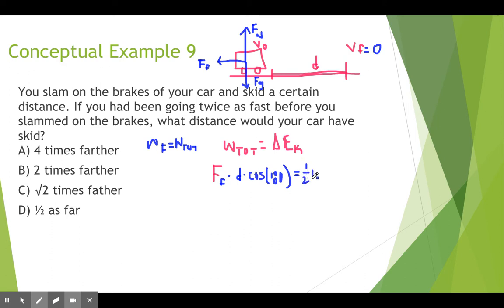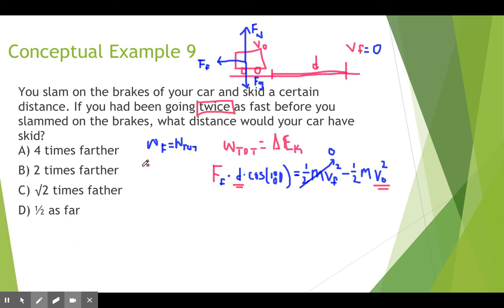So again, just like last time, 1/2 times the mass times the final velocity squared minus 1/2 times the mass times the initial velocity squared. That final velocity should be 0, so that portion of the equation will cancel. So what we're trying to figure out is, if this initial velocity is now twice as large as initially, how this displacement will change.